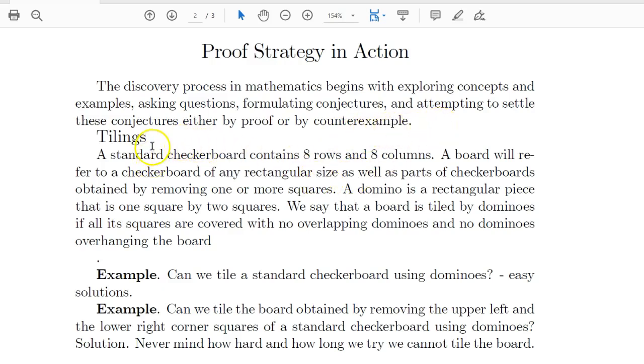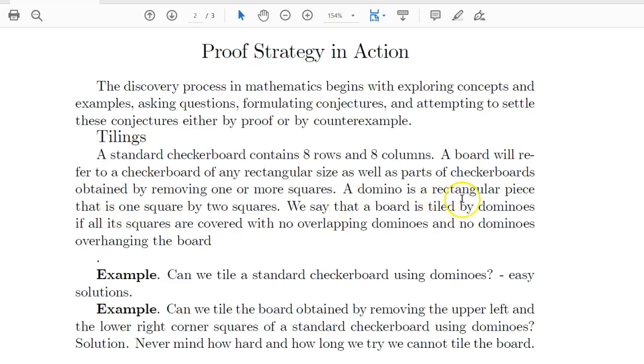Tiling. In this example, we consider checkerboards. A standard checkerboard contains 8 rows and 8 columns. A board will refer to a checkerboard of any rectangular size, as well as checkerboards obtained by removing one or more squares.